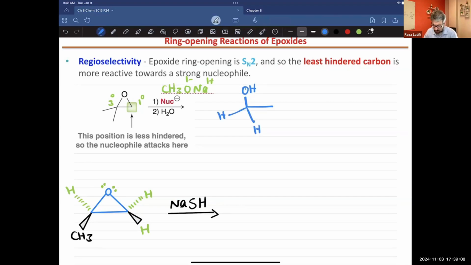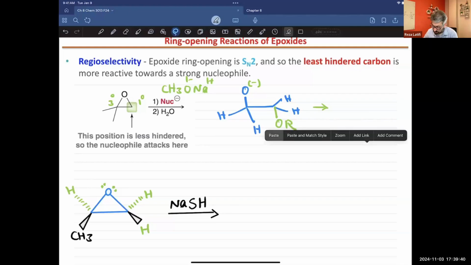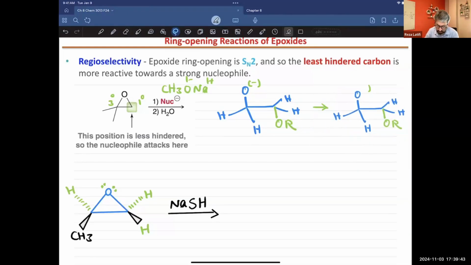And then this one we have two hydrogens, and we will have the OR there. Clearly the first step is not going to be alcohol. The first step is technically this compound that has a negative charge, but it is going to take one H from the solvent, like water, and turn into an alcohol.